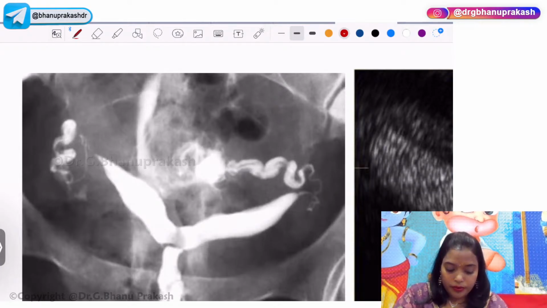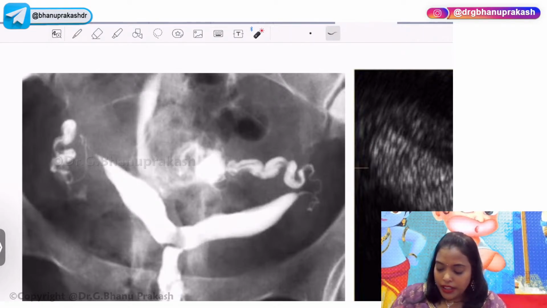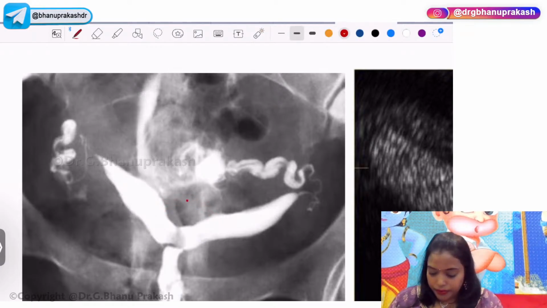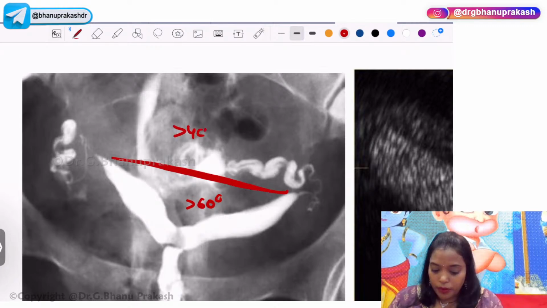So if you're seeing here, the intercornual angle is more than 60 degrees. Intercornual distance is more than 4 centimeters. It's an outdated classification. Based on that, this is bicornuate.